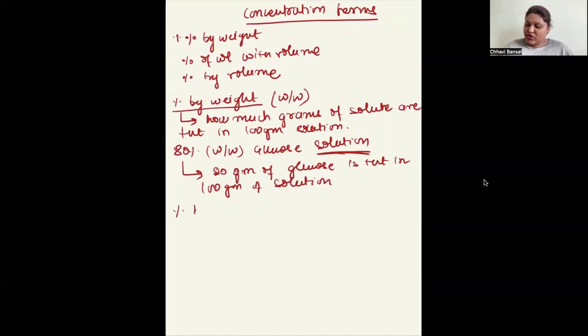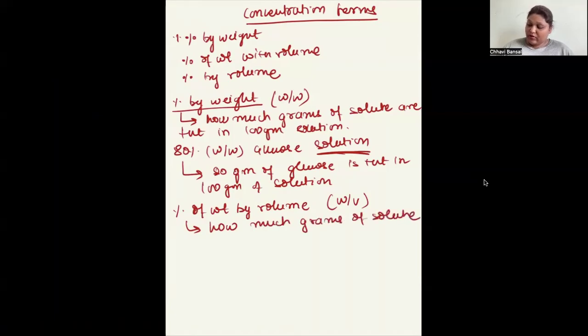Next is percentage of weight by volume. This is written as W by V. Okay. This means how many grams of solute are present in 100 ml of solution.